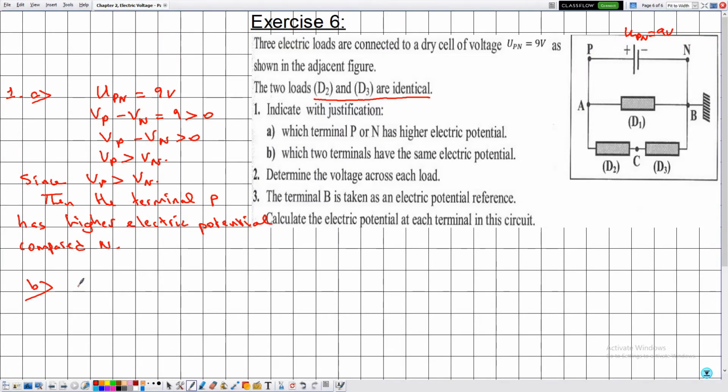So since Vp is equal to Va, and the reason is given by a connecting wire, then the terminals P and A have the same electric potential.